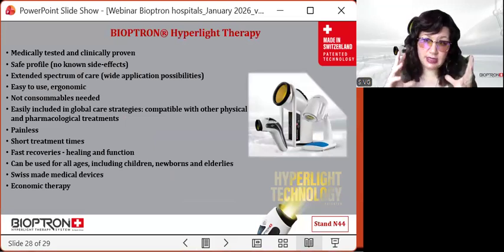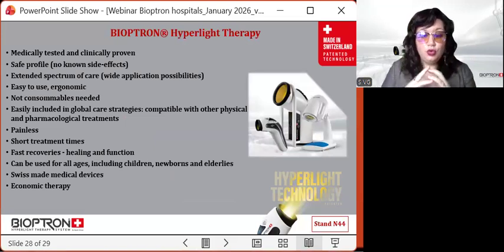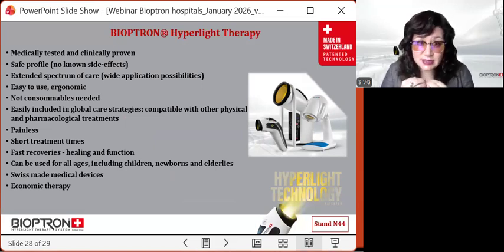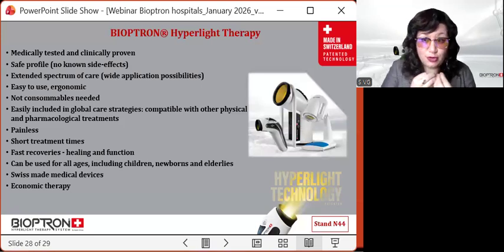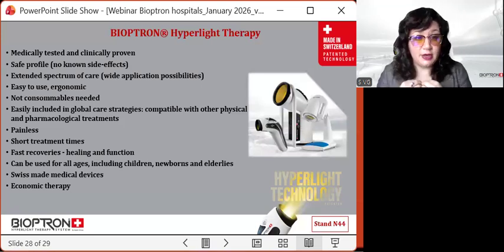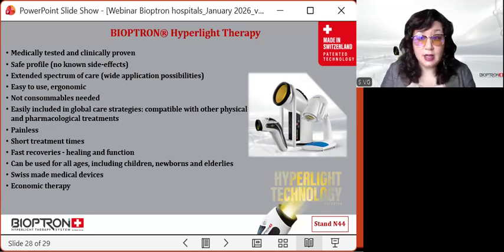Once again, it is very important that you know all the arguments that you can use, because today we have shown you that it's a tested and clinically proven device with a very safe profile, very easy to use for the patient, but also for the healthcare professional, with short-term and long-term low expenses because there are no consumables.